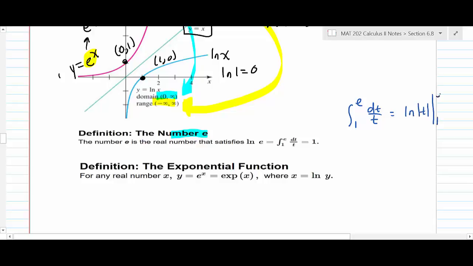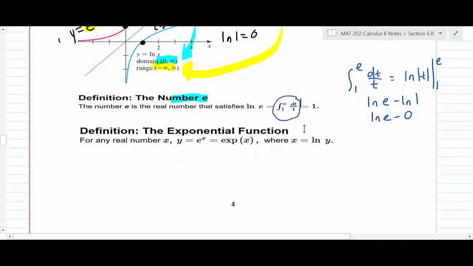Then if we evaluate that from 1 to e, we get ln of e minus ln of 1. And ln of 1 is 0, so ln of e minus 0 is that. And of course that ends up being equal to 1. So that would be a way to technically define the ln of e in terms of an integral. And that's kind of the point of the section: that's what a natural logarithm is, it's an integral. Okay, and that's the different idea.